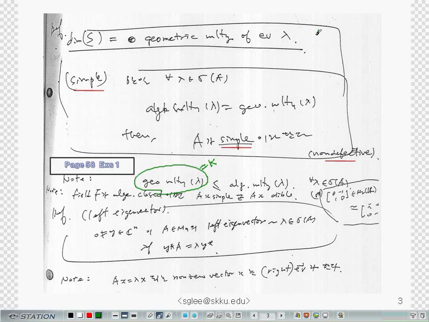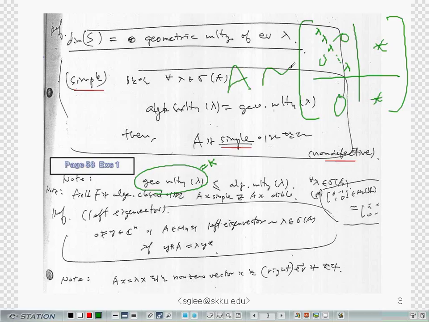That means we can find a matrix like that, which is similar to A, because we have k linearly independent eigenvectors.